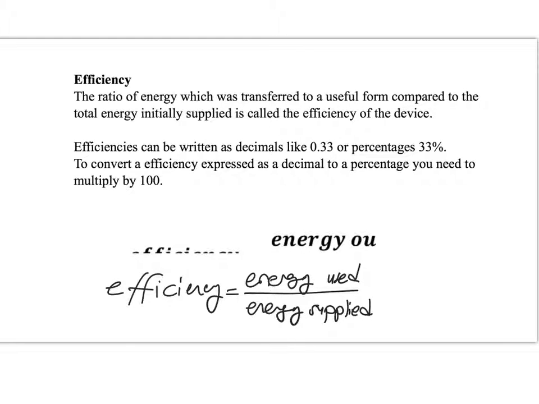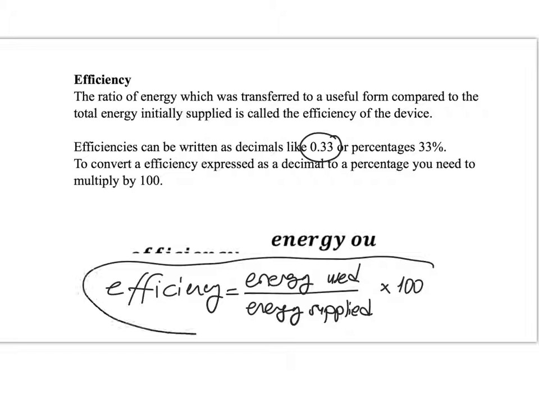It can be written as decimals like 0.33 or percentages like 33%. To convert the efficiency expressed as a decimal to a percentage, you just need to multiply by 100. So this is the formula of the efficiency.